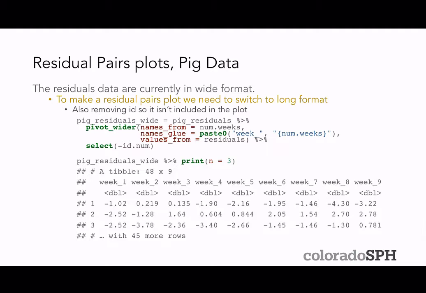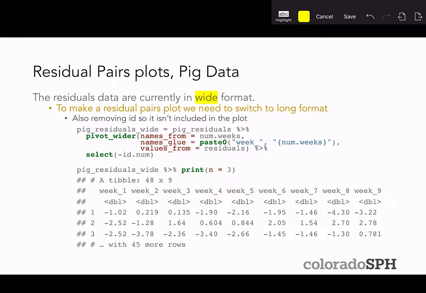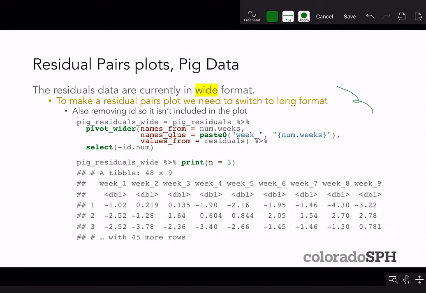Sorry, so what I have written here is actually not correct. I say the residuals data are currently in wide format. Actually, they were currently in long format, and we need to switch them to wide format. That's just a typo there.